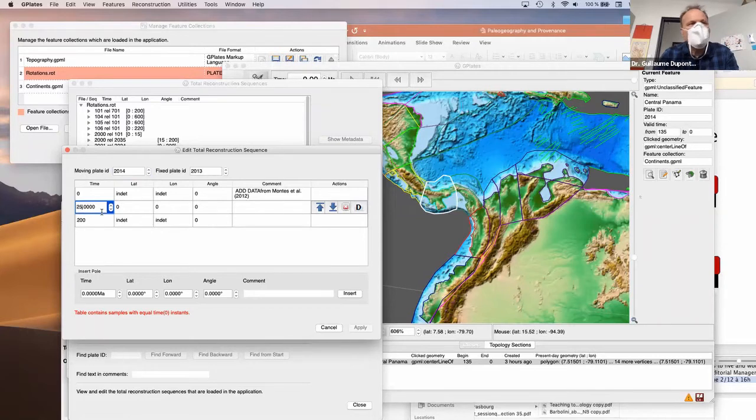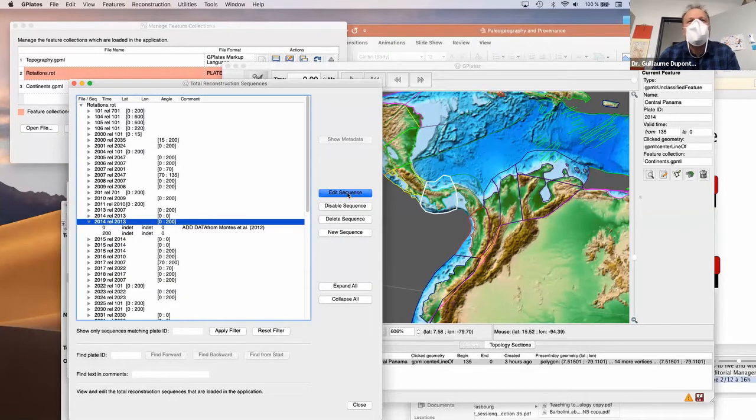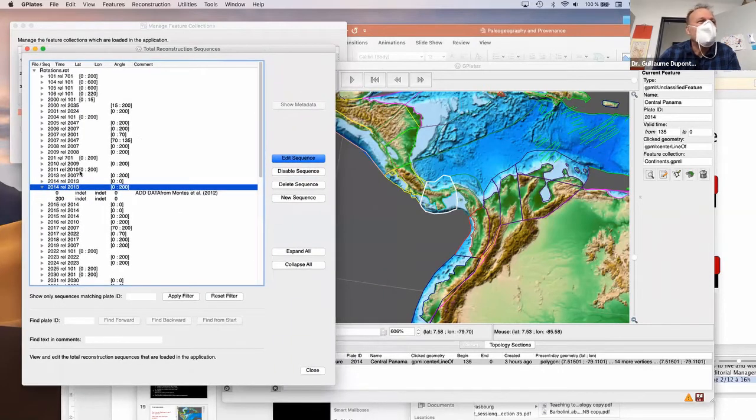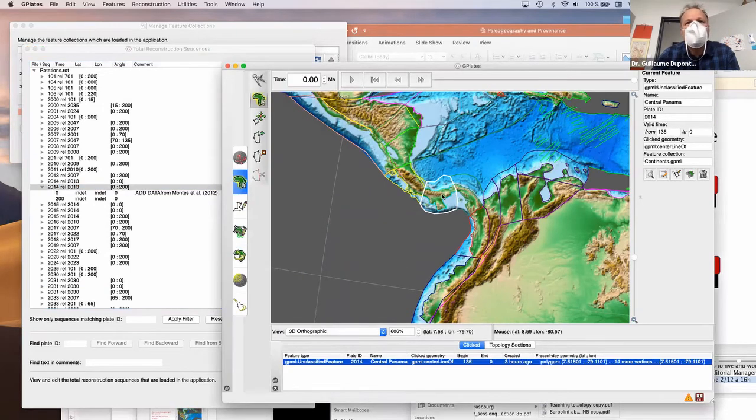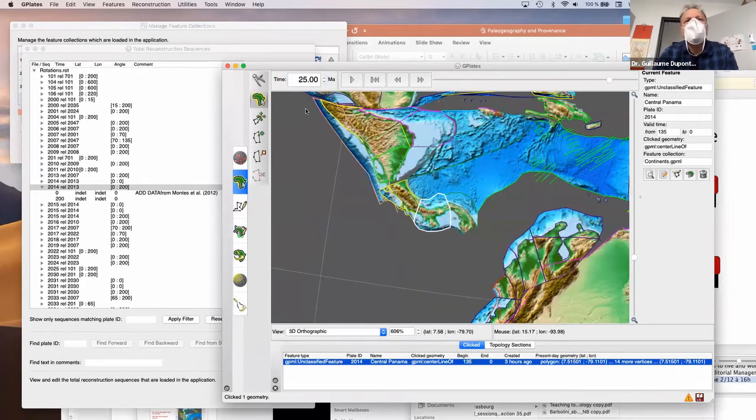So we go back to 25 million years, right? No, sorry, that's not the way to do it. Sorry, I think I'm going to confuse you here, but it's good to have the sequence on the side. Here we just work with the block. And so we go here, 25. Okay, and then we're going to rotate that block.